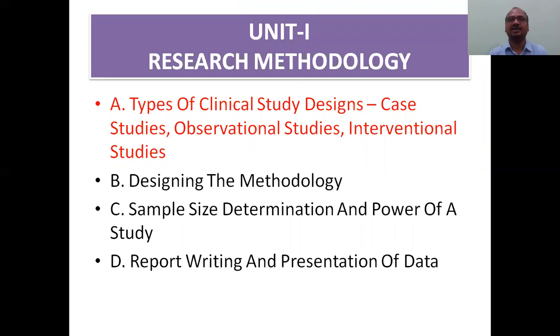This is the syllabus of Pharma D, Unit 1, Research Methodology. Unit 1 is not biostatistics. Your subject is biostatistics and research methodology, but your Unit 1 is only research methodology, RM.